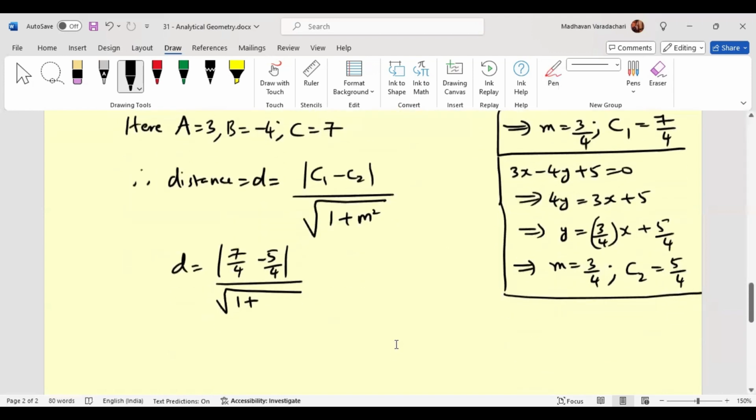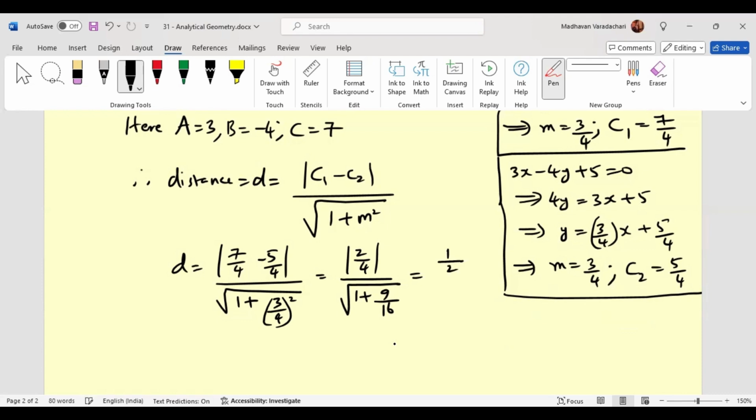M square is 3 by 4 the square. So numerator is 2 by 4 under modulus, divided by square root of 1 plus 9 by 16. That is equal to 2 by 4, modulus will be 2 by 4 only.